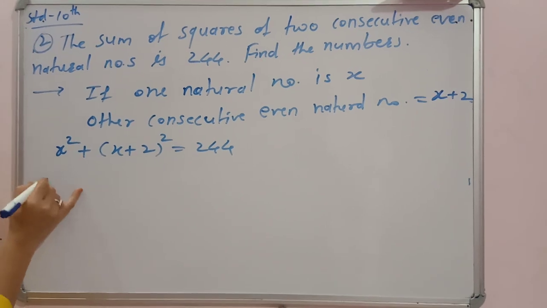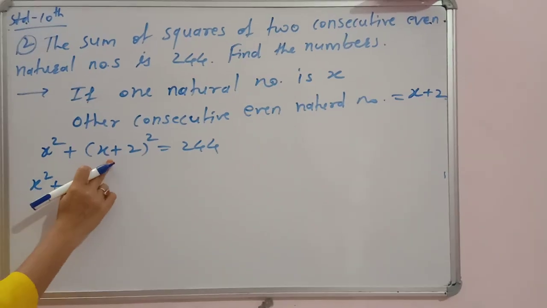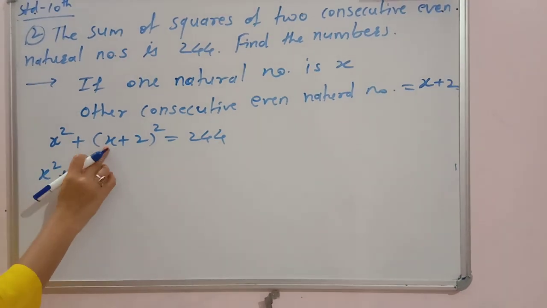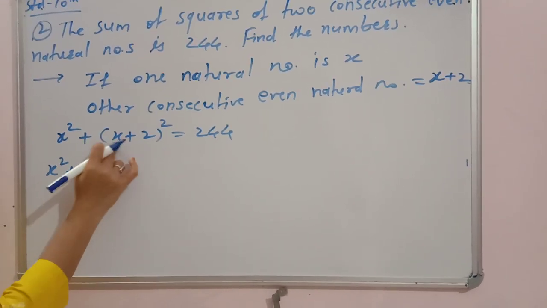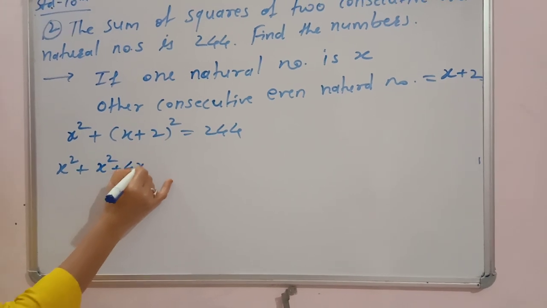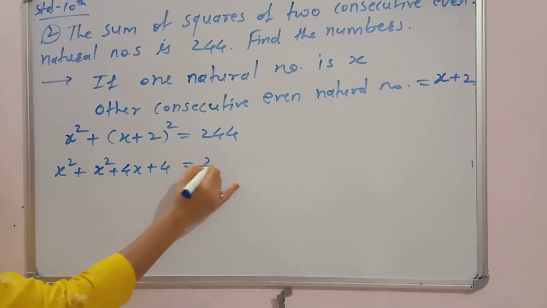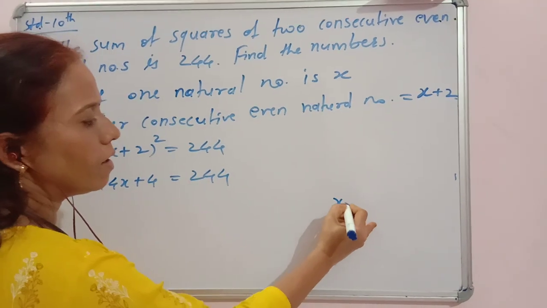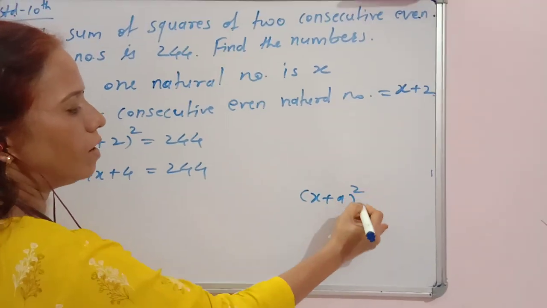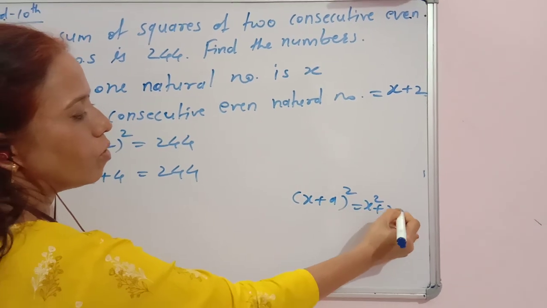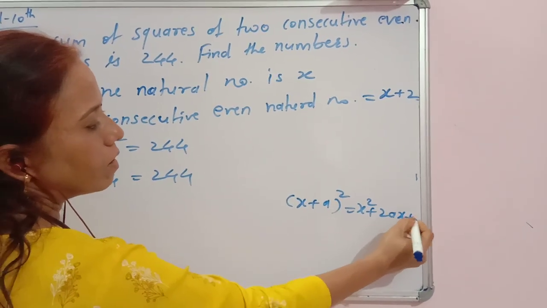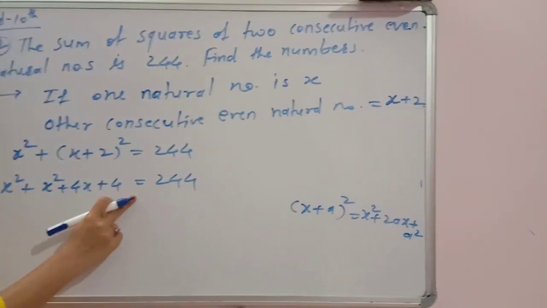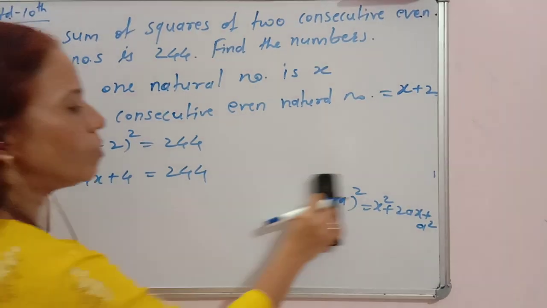Expand this bracket using the identity: the first term square, plus 2x multiplied by 2, that is 4x, plus 4, equal to 244. You know the identity (x plus a) whole square is x square plus 2ax plus a square. By using this I have expanded it. So you recall it.